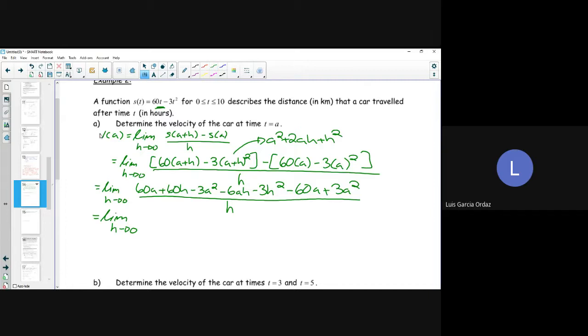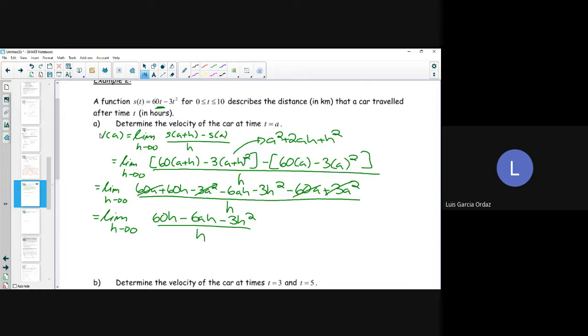So the 3's cancel out because of my mistake. Sometimes it happens. Our 60a's cancel out, and we are left with 60h minus 6ah minus 3h squared all over h.